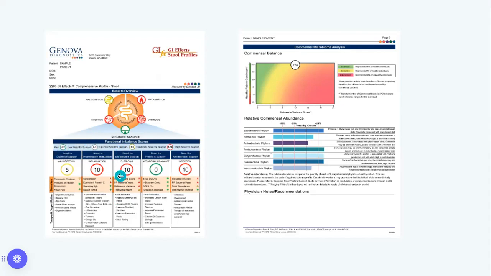The second thing that this particular test looks at, and I suppose there's lots of different testing options, I've chosen this one because it's the most visual, so I'm hoping you can see it quite easily. The inflammation markers would be the next one that you can look at in a stool test. So looking at things like calprotectin and blood in the stool and secretory IgA, where we're looking at your immune function and the inflammation in your gut.